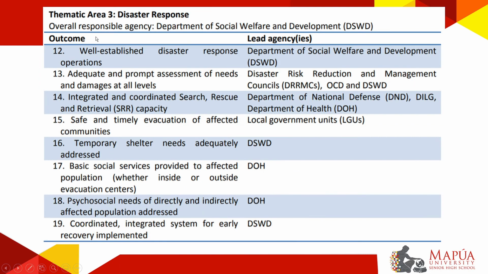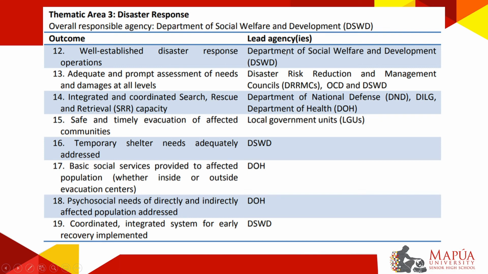Next, we have thematic area number 3, the disaster response. The overall responsible agency for disaster response is DSWD, or the Department of Social Welfare and Development. For developing well-established disaster response operations, of course, the lead agency is the DSWD.